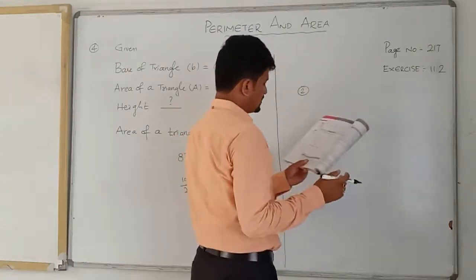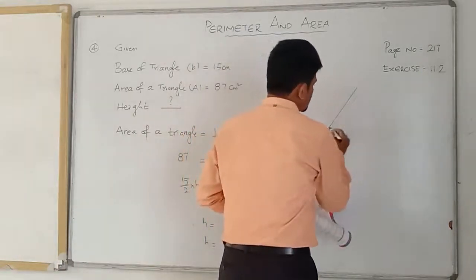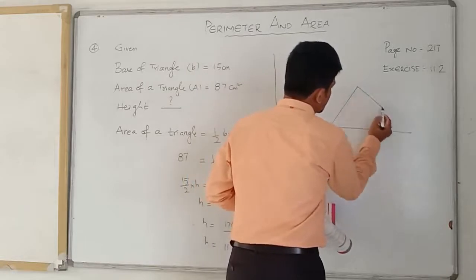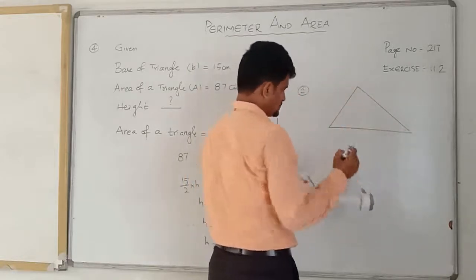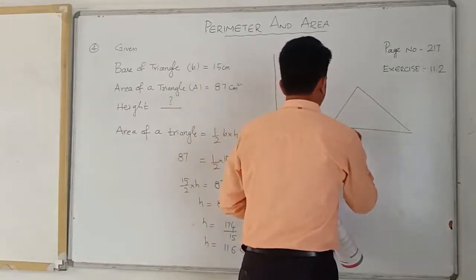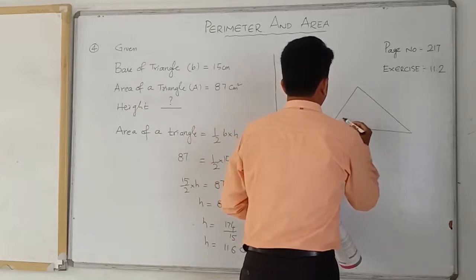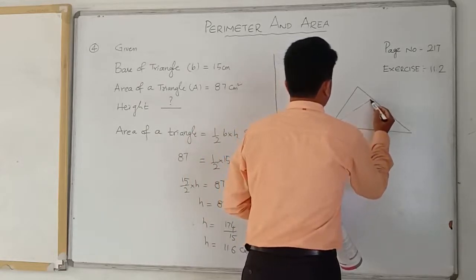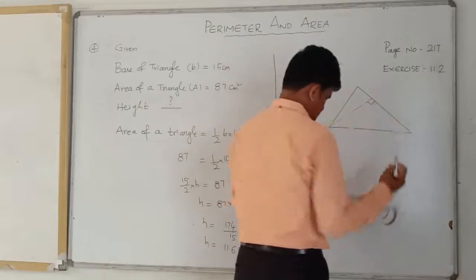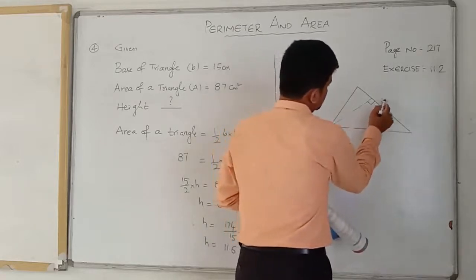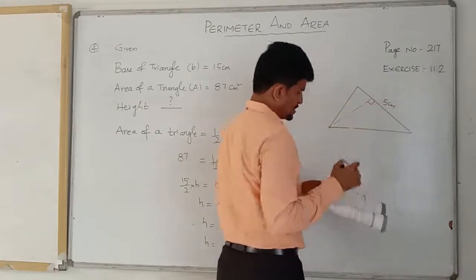I will give you a diagram like this. This is 5 centimeters and this is 3.2.